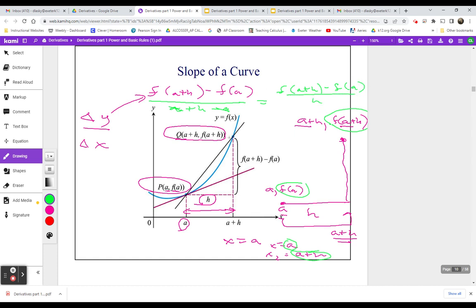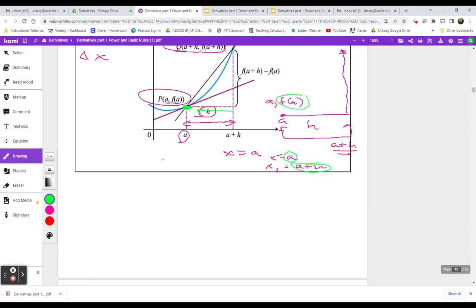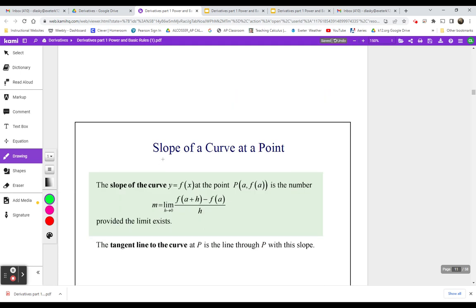What do we know about h of the secant line as it approaches this exact point? As it approaches this exact point, h gets smaller and smaller to where it's almost zero. So we take the limit as h approaches zero.